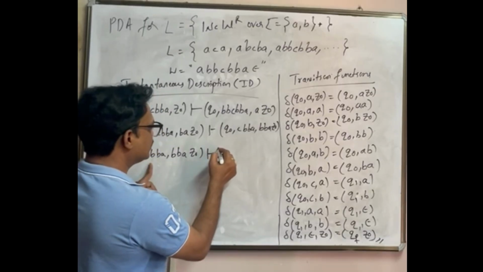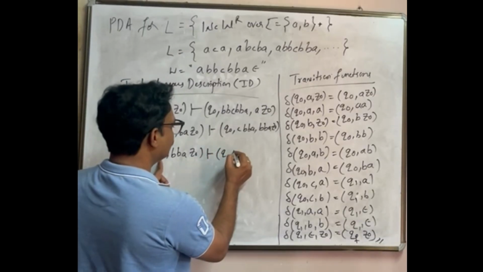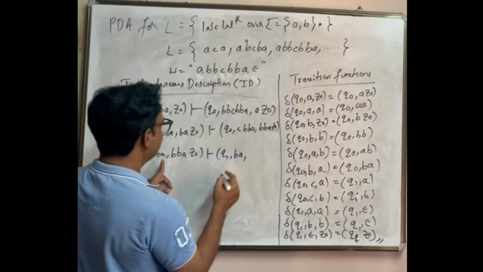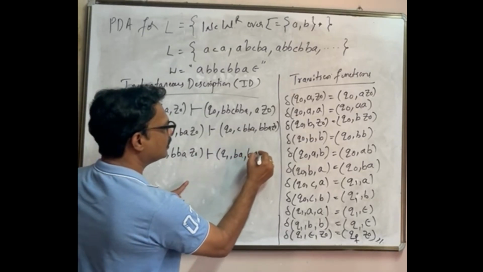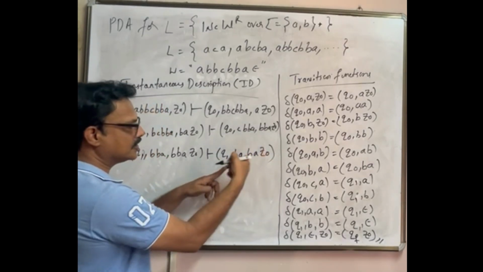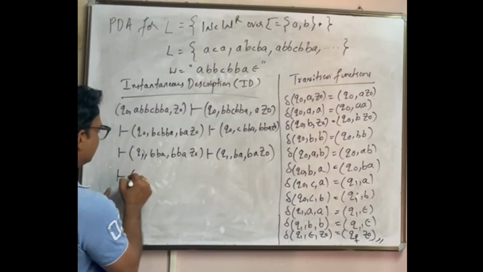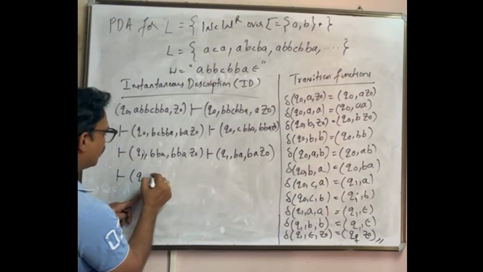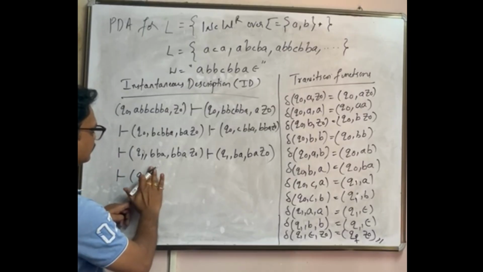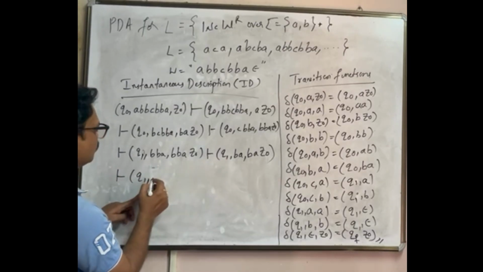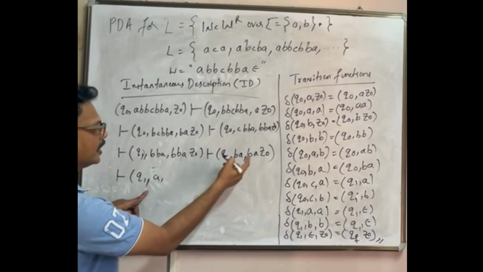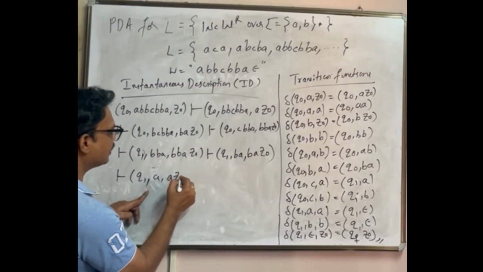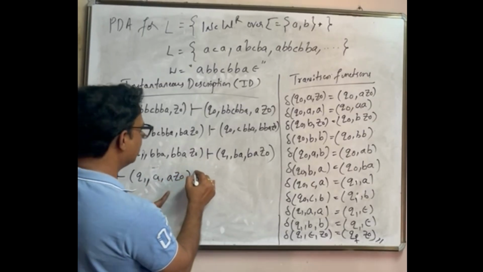Then in state Q1, when it reads one more B, it pops a B from the stack, and the stack content becomes like this. Then in the same state Q1, when it reads one more B, what remains is A, it pops a B from the stack, and this is what the content remains.